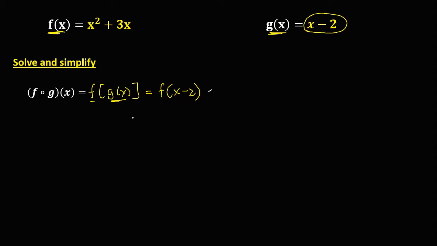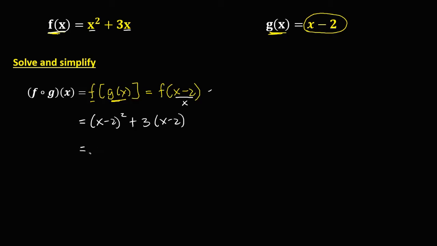So to solve this equation from f of x, but x is equal to x minus 2, this x squared becomes x minus 2 squared plus 3 times x, that's x minus 2.